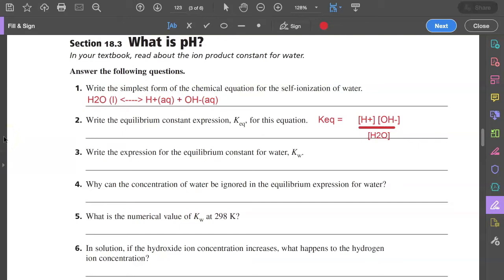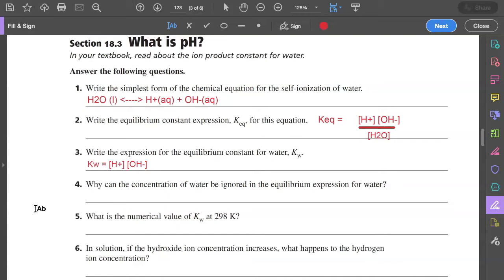But remember that water is a pure substance, and so therefore we'll end up not using water in our final equilibrium constant expression. Now, I think I've given away number 3. So here we go. Write the expression for the equilibrium constant of water, Kw, and go. That's right. Kw is equal to the hydrogen ion concentration times the hydroxide ion concentration.